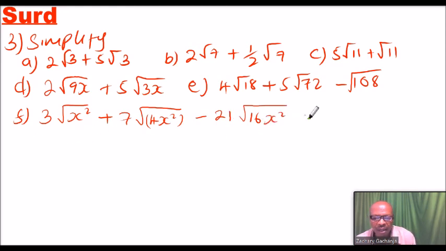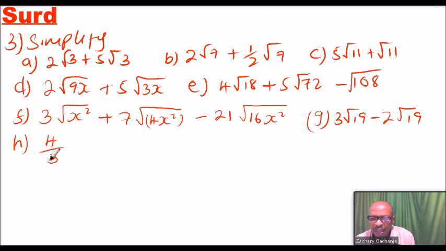So we have our G here, 3 root 19 minus 2 root 19. Then we have our H, 4 divided by 3 root 125, minus 3 root 5.